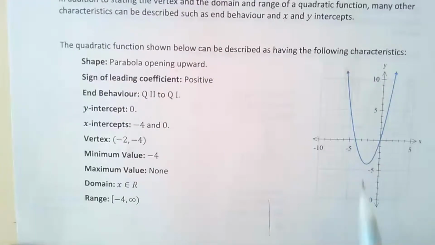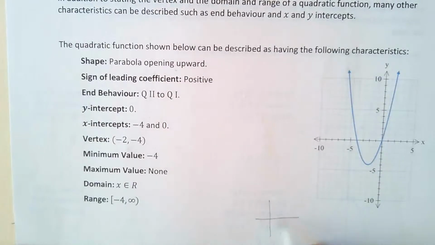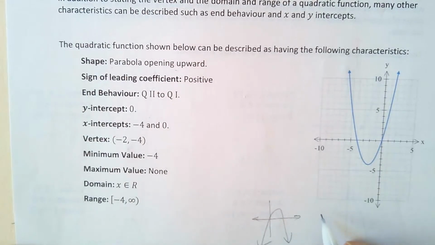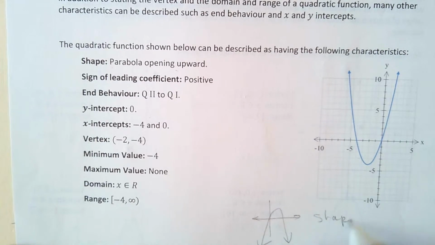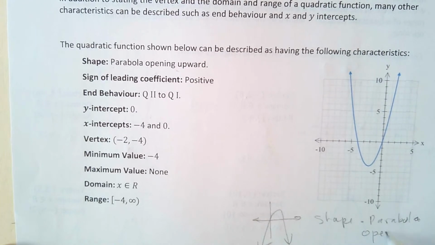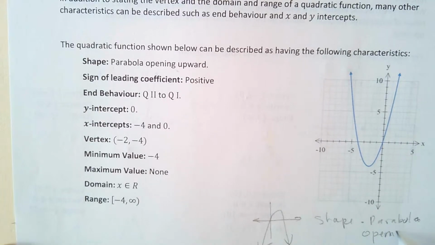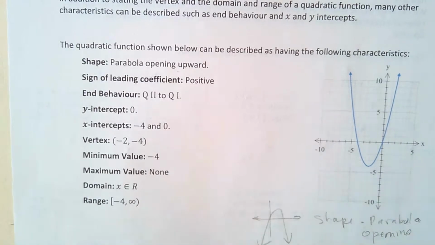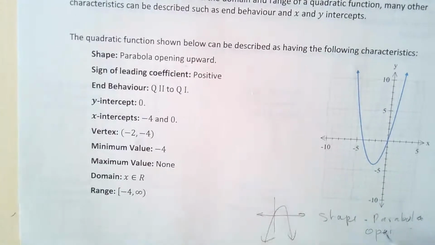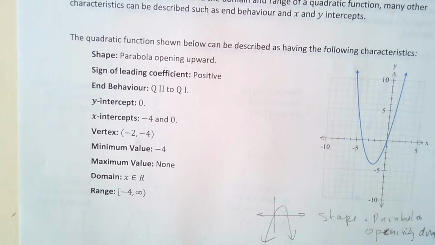So if it was going down, we say the shape is a parabola opening downward.